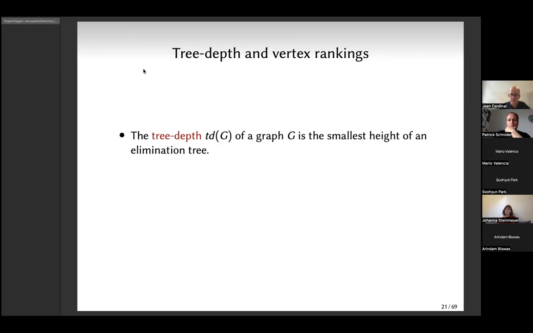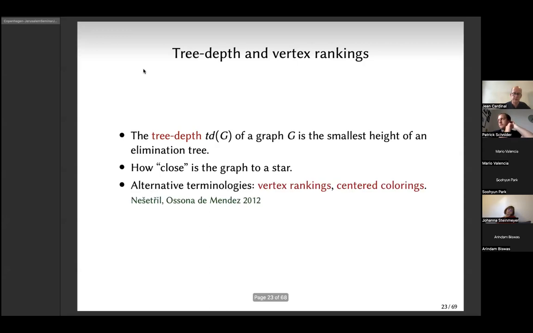It is something that is very much connected to this sort of orthogonal notion of treewidth, and that has been studied separately. It somehow measures how close the graph is to a star, while the treewidth would measure how close the graph is to a tree. Intuitively, this measure is the distance to being a star.